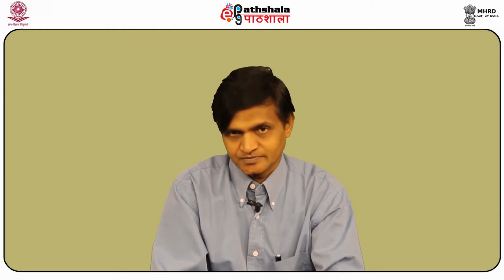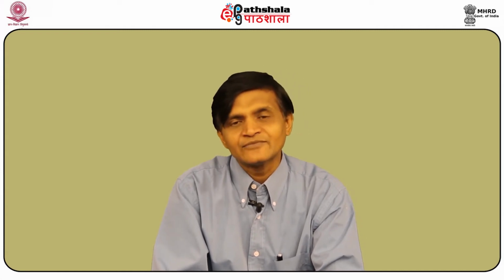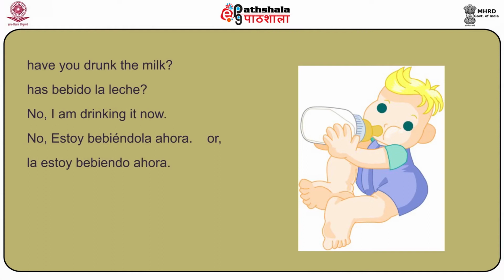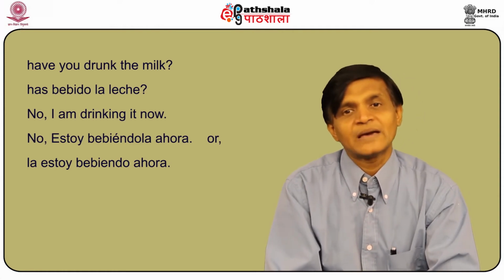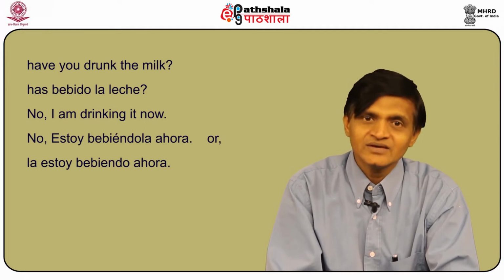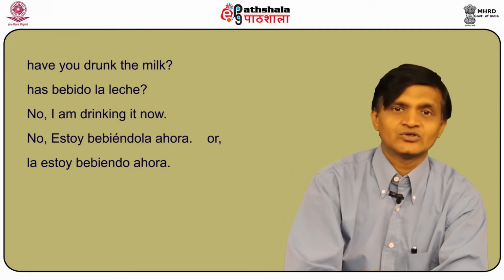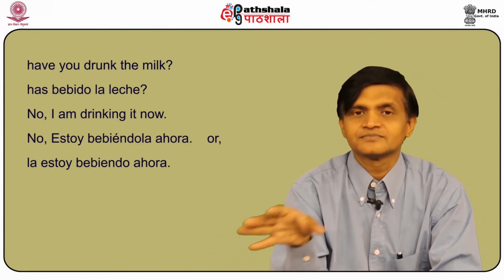Have you drunk the milk? No, I am drinking it now. The translation of this in Spanish would be, ¿has bebido la leche? No, estoy bebiéndola ahora, with an accent on the e, which is preceding the -ndo. So, estoy bebiéndolo ahora.